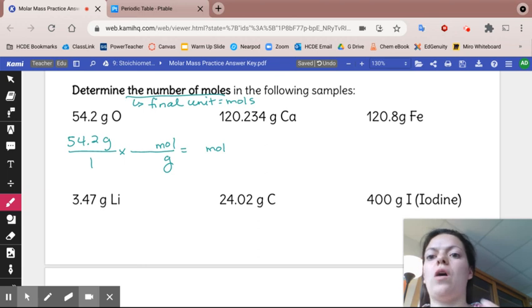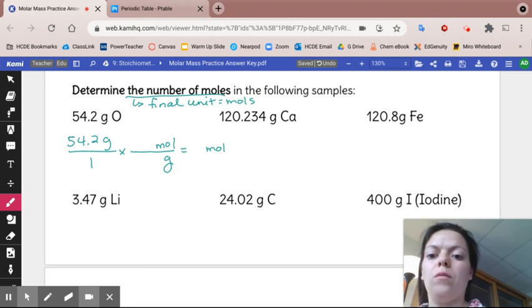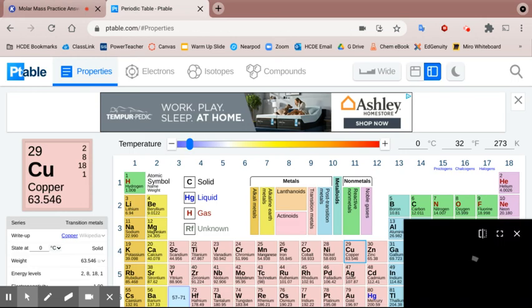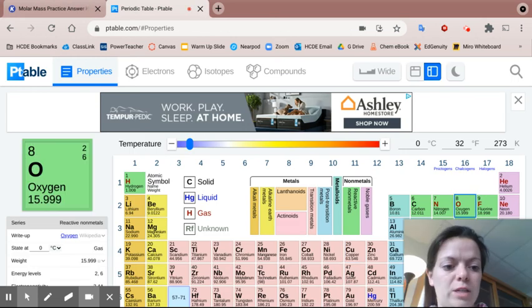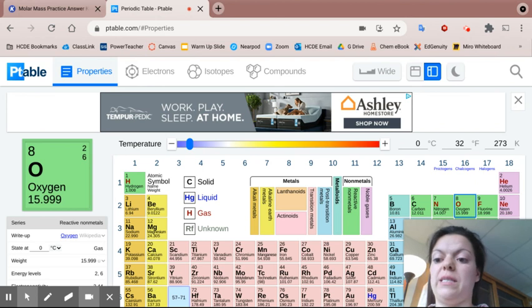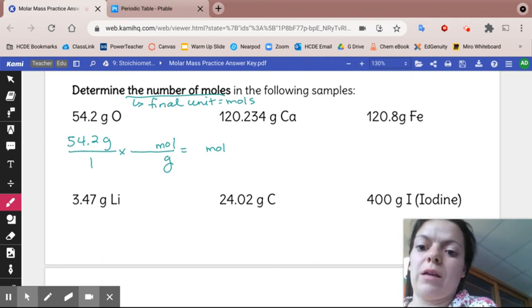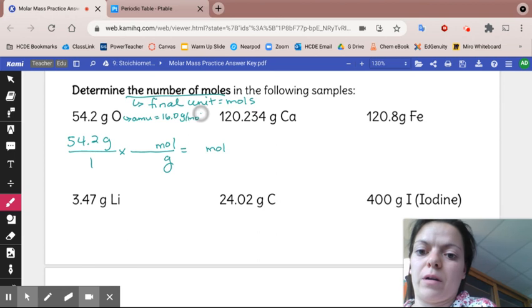Okay, I'm going to look on the periodic table to find my AMU, or grams per mole of oxygen. So oxygen is number 8 right here. It is 15.999. I'm going to go ahead and just round that up to 16.0 because it's very close. And that oxygen has an AMU of 16.0 grams per mole.